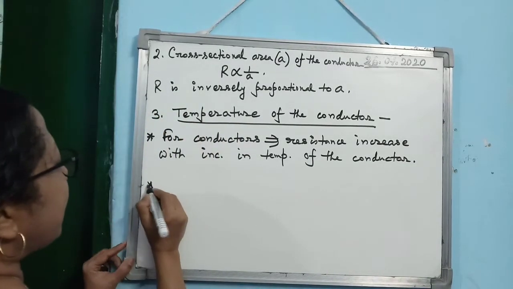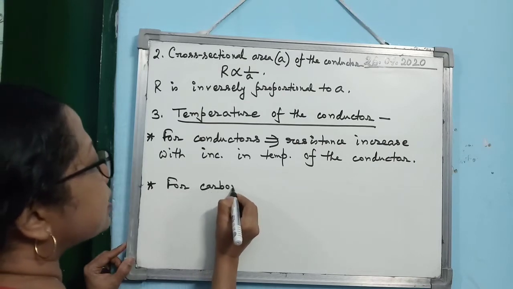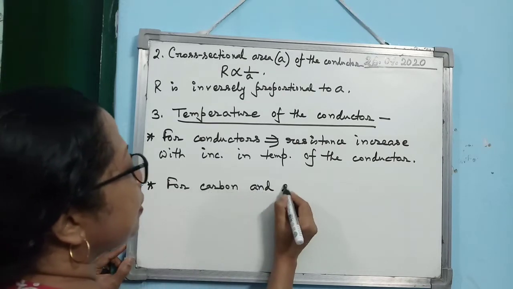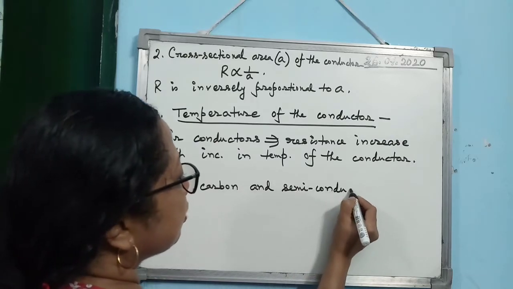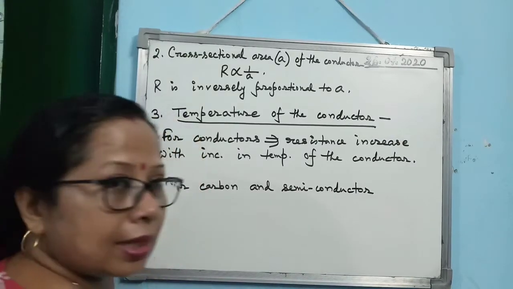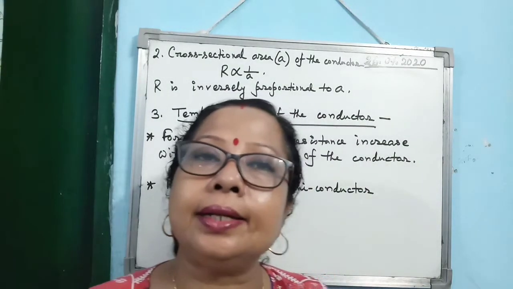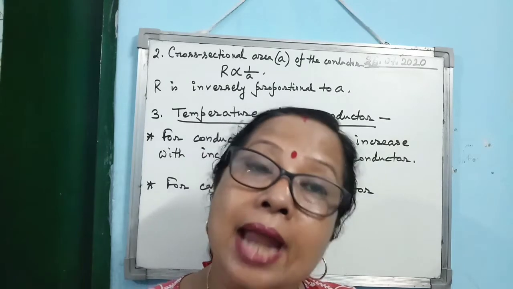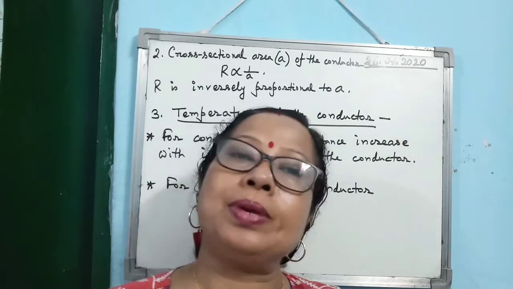And there are certain things, for carbon and semiconductors. Semiconductors means germanium and silicon. What are semiconductors? The materials which behave as insulators at low temperature, and if the temperature increases to room temperature, they behave like a conductor.